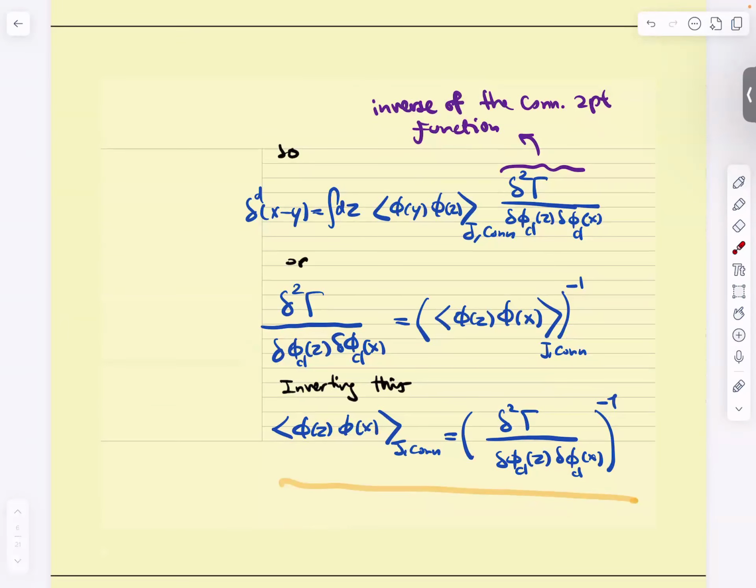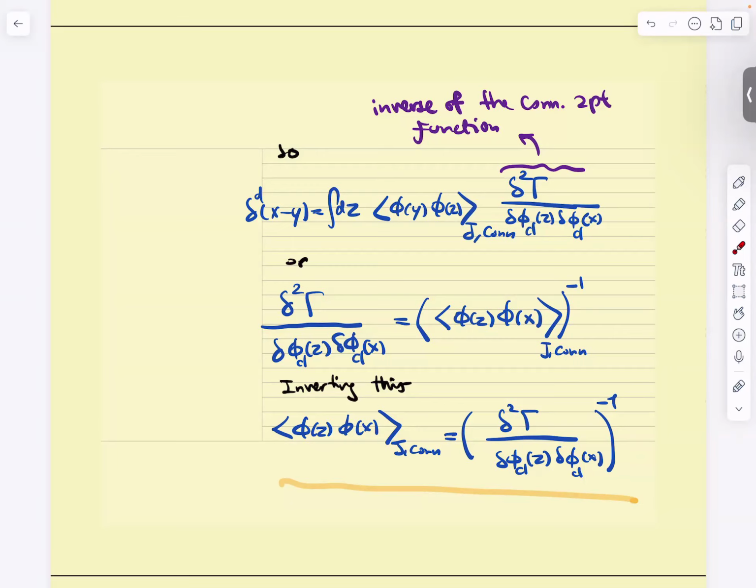The second derivative gives you the inverse of the connected 2-point function.